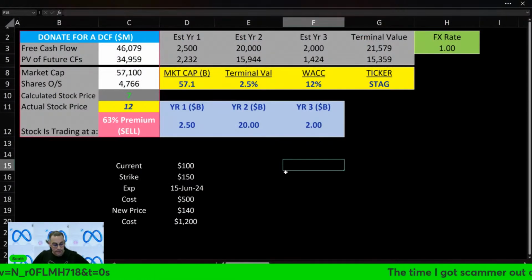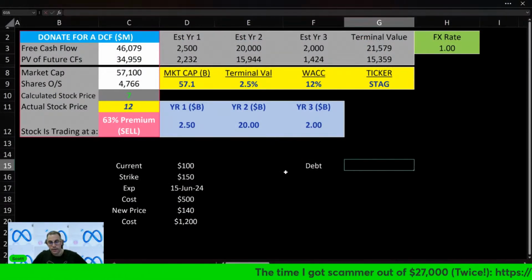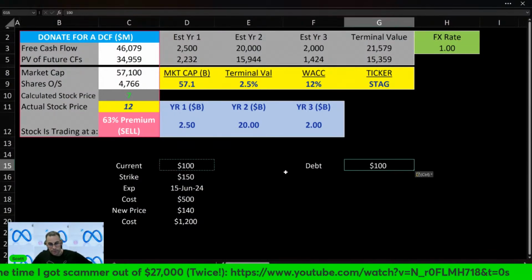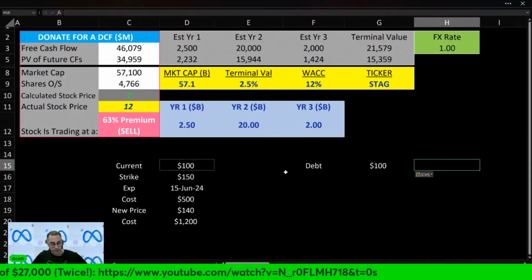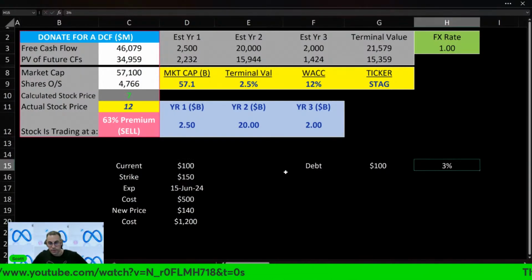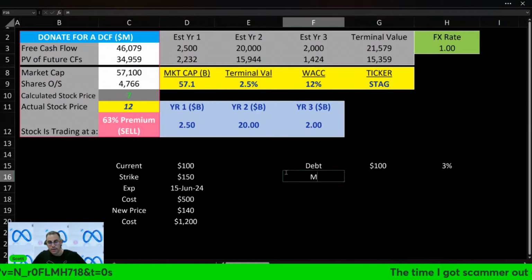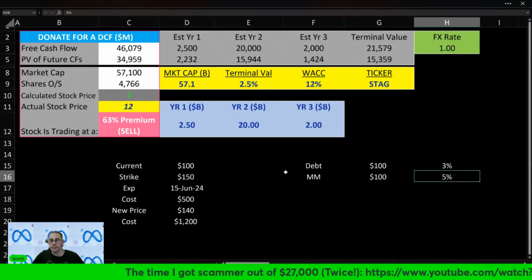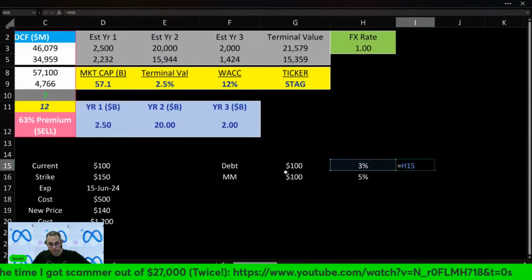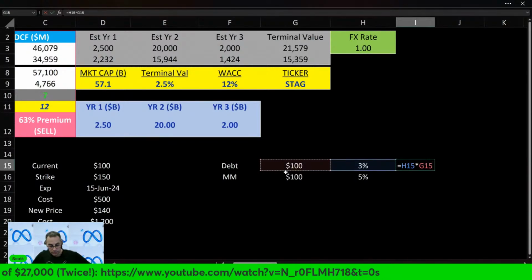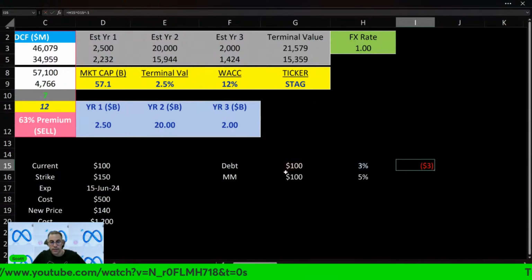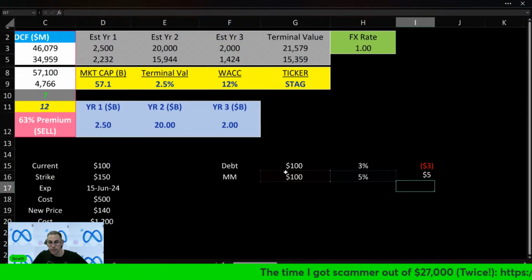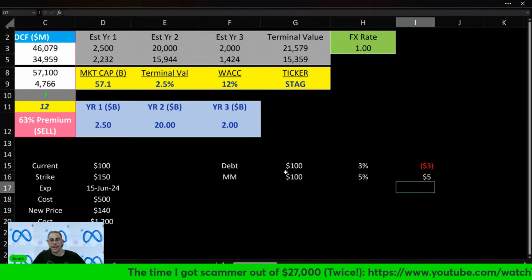Because if you think about it, if you took $100 in debt at 3%, and then money market was yielding 5%, you have to pay $3 a year on the debt, and you get a guaranteed $5.